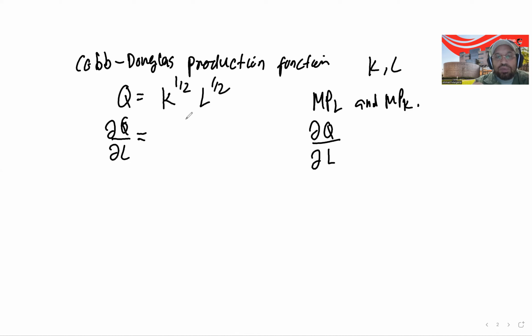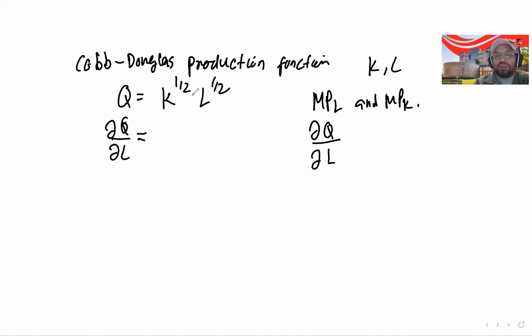So the answer would be that if we take the partial derivative with respect to L, then we know that K times L, both of them raised to the power of 1/2. Since we're taking the partial derivative with respect to L, we consider K as constant.